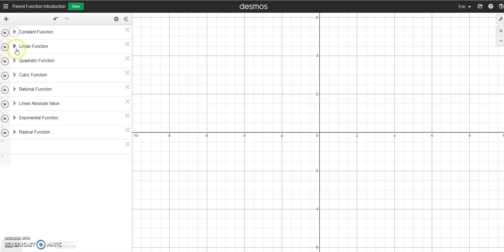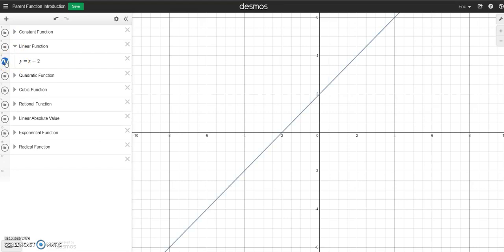All right, let's look at linear. You spent pretty much all of algebra talking about linear functions in the form y equals mx plus b. Here's where some clarity comes in. A linear function is not just a line. As you saw from the constant function, that was also a line.